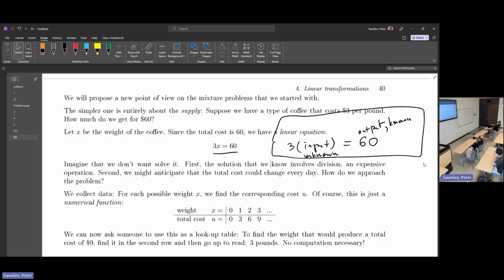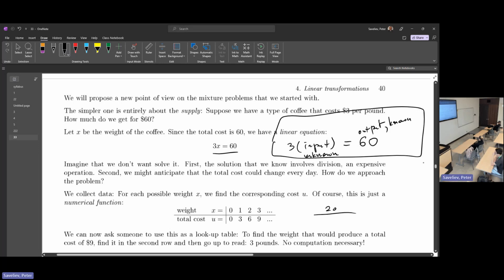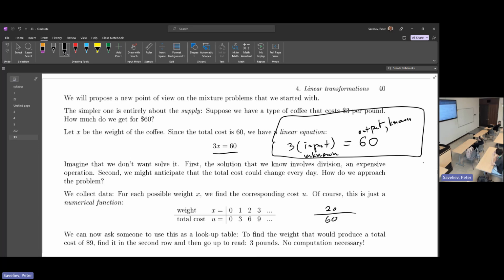And if you need to find the input for the output of 60, you just find it in the table, and without having to do any computations, you can just go on, and whenever you have 20 and 60, hypothetically you can solve the problem without actually doing any division, just examining the values.